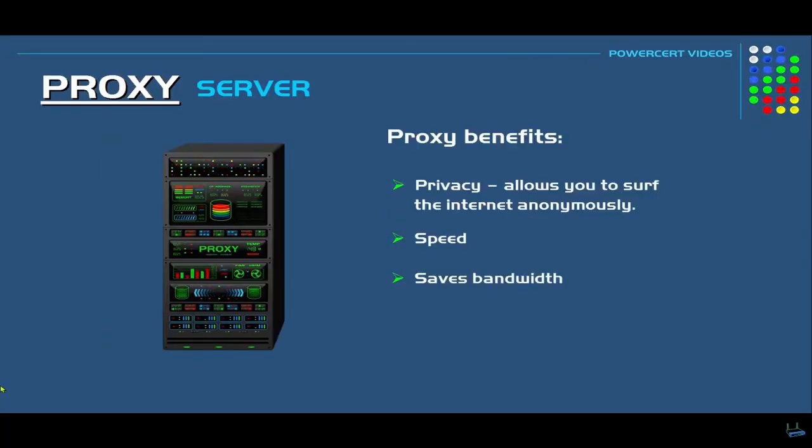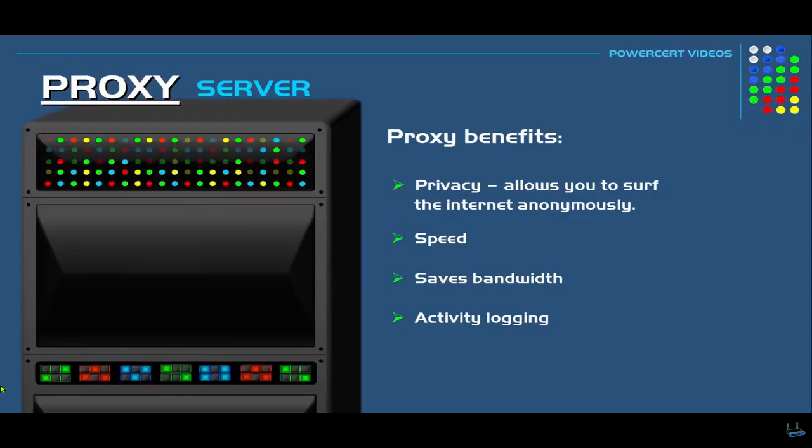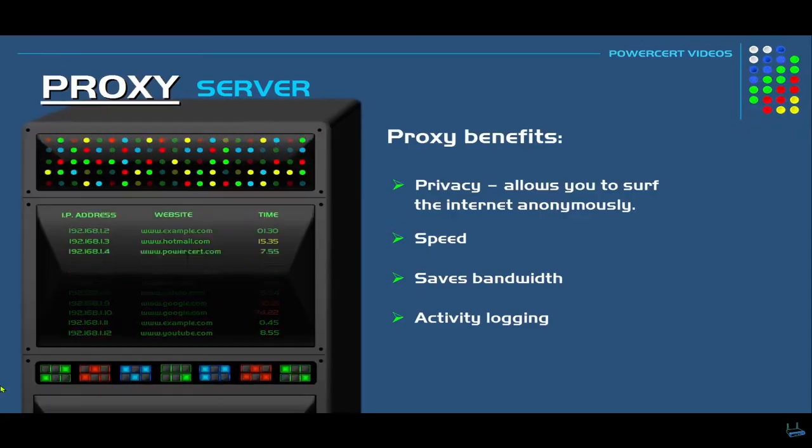And another benefit of a proxy is activity logging. Now, a lot of companies will use a proxy to keep track of what websites their employees are looking at. So when a company's employees are surfing the internet, the proxy will keep a record of what websites they're visiting and how long they were on those websites.